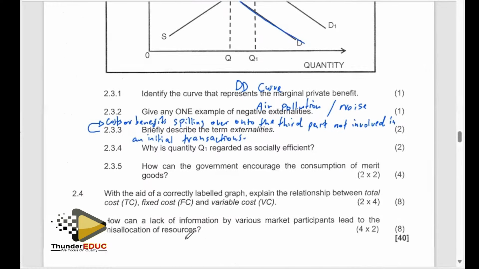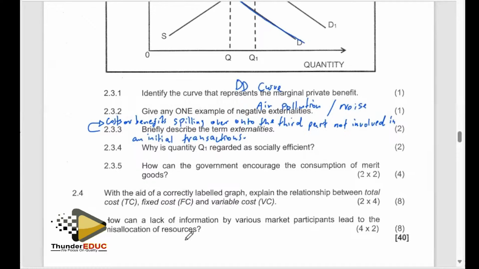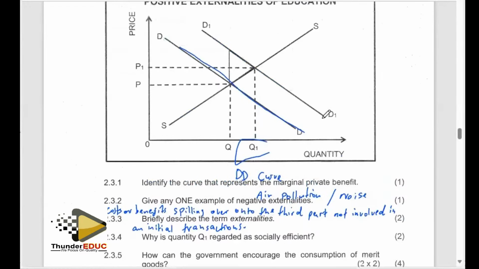Okay, right. Let's check 2.3.4. Why is this quantity Q1 regarded as socially efficient? This is socially efficient because the market fails when consumption is lower than the level of Q1.